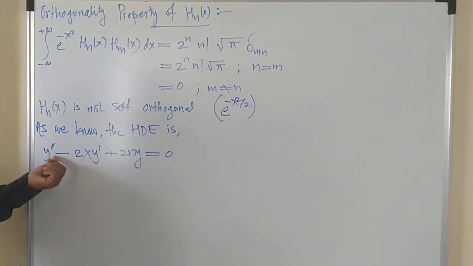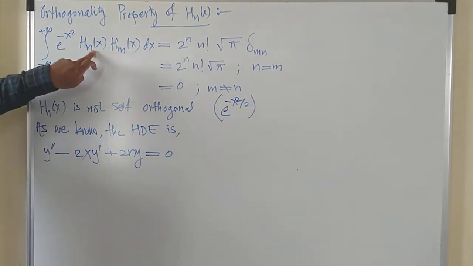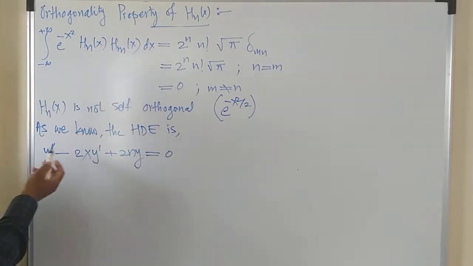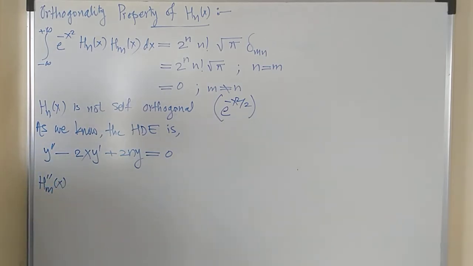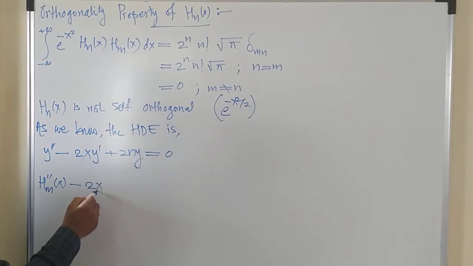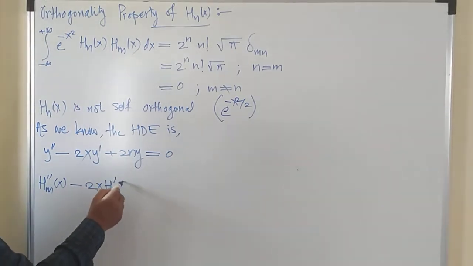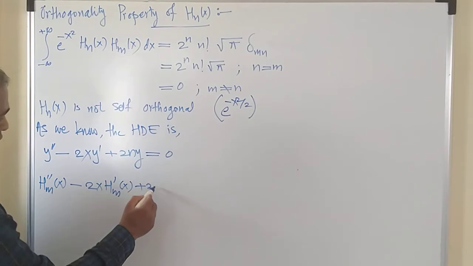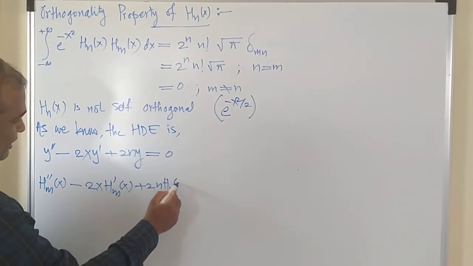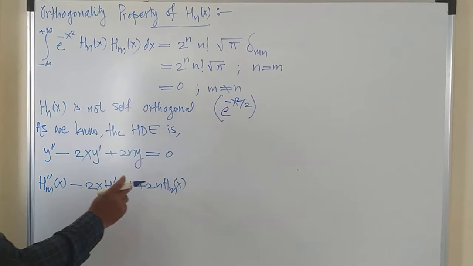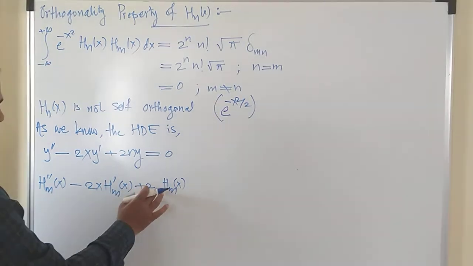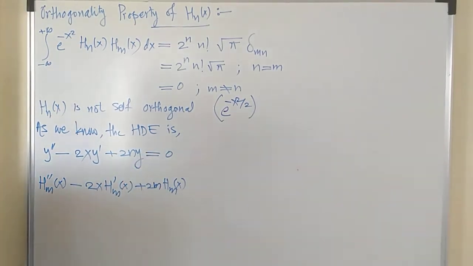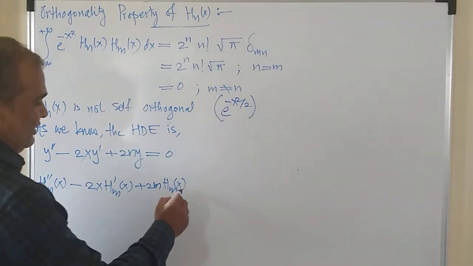If you put Hm of x into this, the equation becomes Hm double dash of x minus 2x into Hm dash of x plus 2m into Hm of x. Of course, here n must be replaced by m, because you are considering m values.